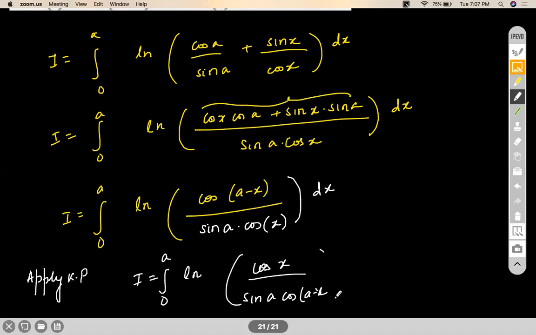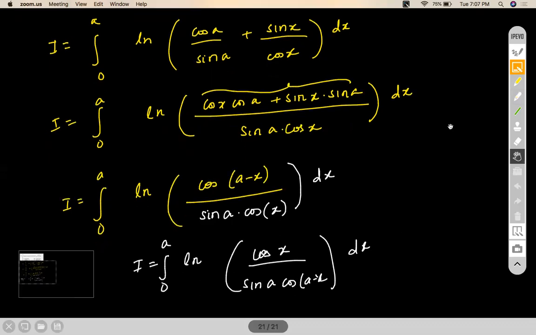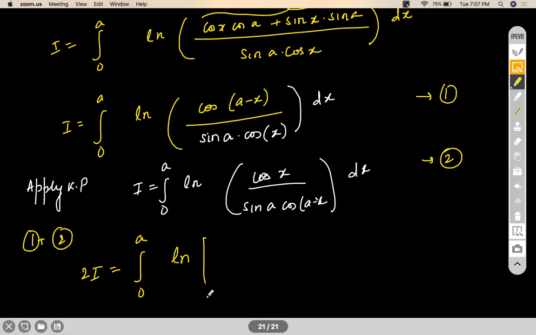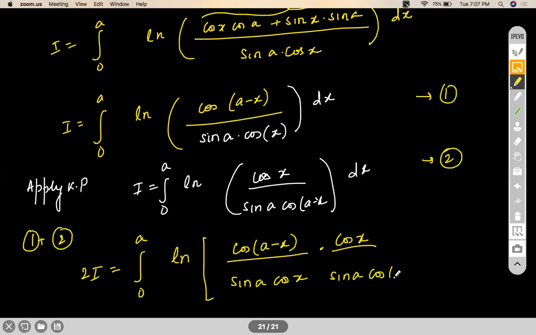Okay. Let us add the two. So let me add 1 and 2. So 1 plus 2 will give you 2I equal to integral 0 to a ln cos a minus x by sin a cos x into cos x by sin a cos a minus x.